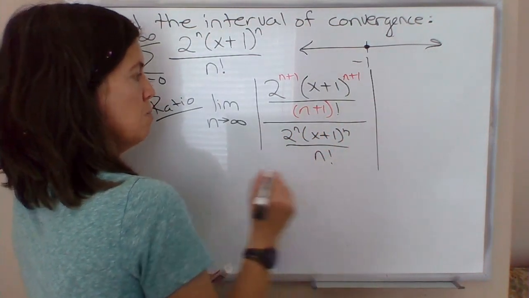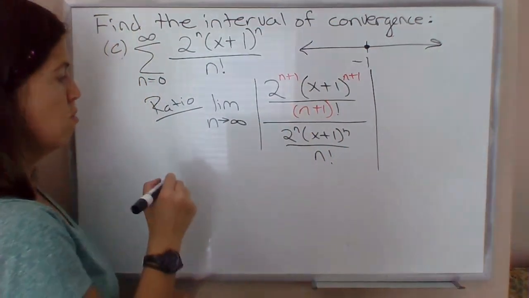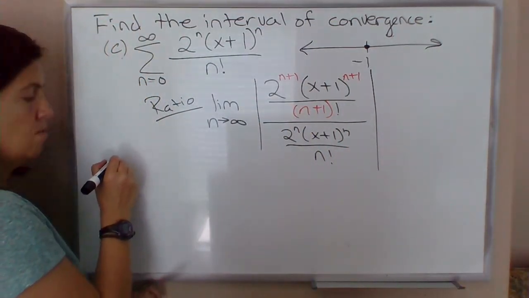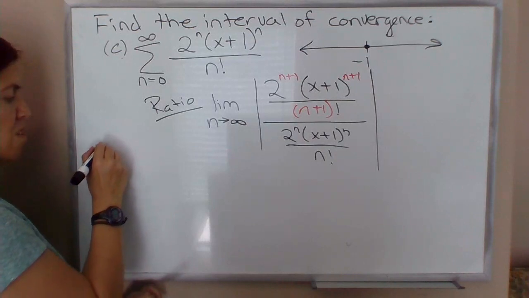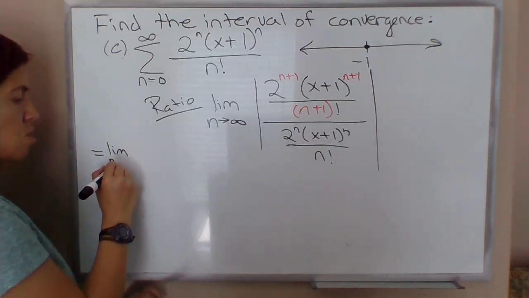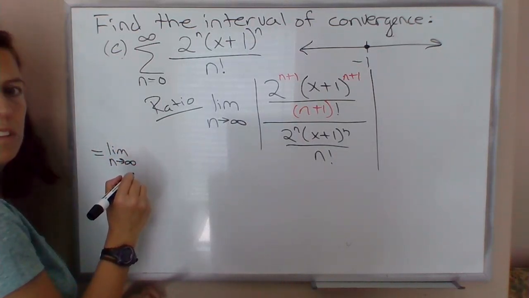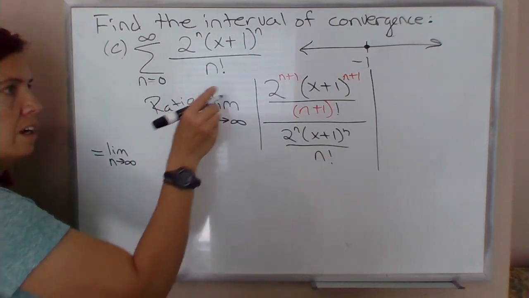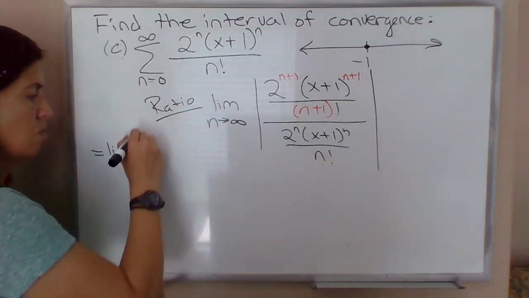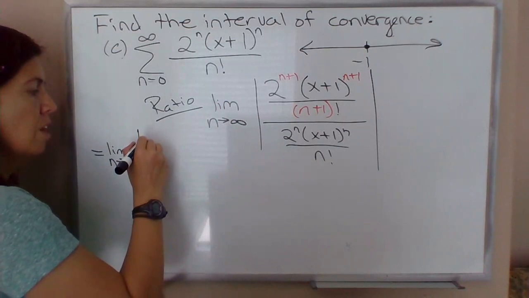Okay, but that's pretty messy, so I'm going to bring this up, multiply by the reciprocal, and I'm going to save as much room for myself as I can this time. Learn my lesson for once. So limit as n approaches infinity, and I'll put the absolute value on this.